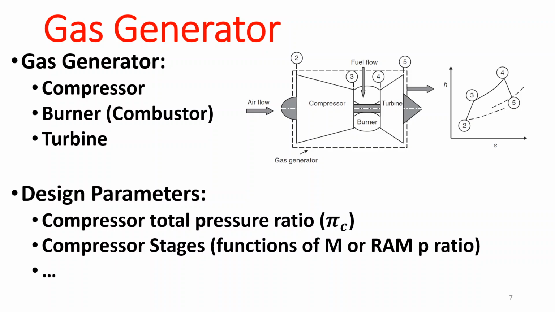Okay. But let's go back to the ramjet, right? We are talking about jets. We are talking about a gas generator, right? Which means that we are not talking about liquid propellant or anything else. So is there any situation that makes us needless of using the compressor?